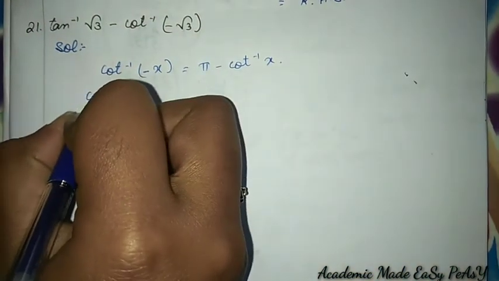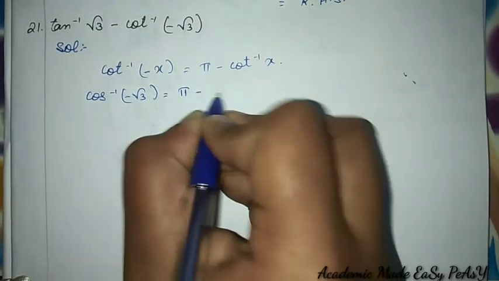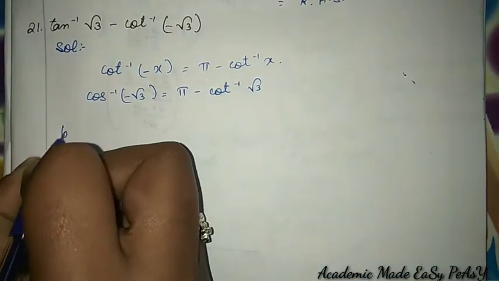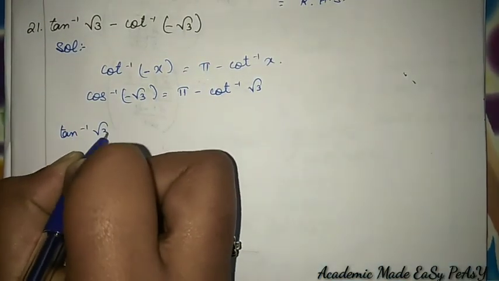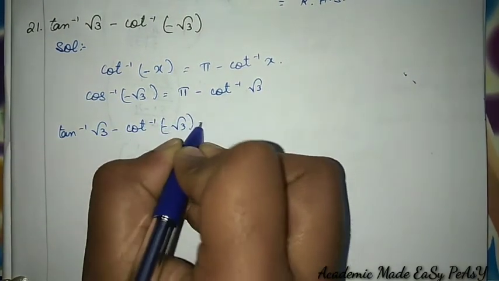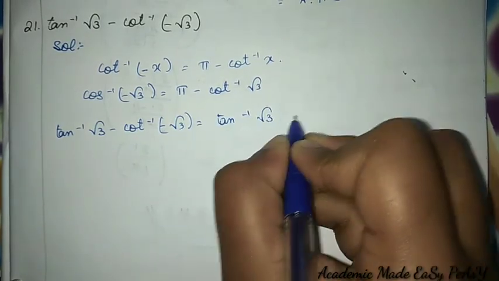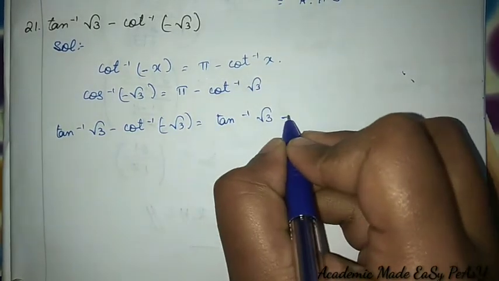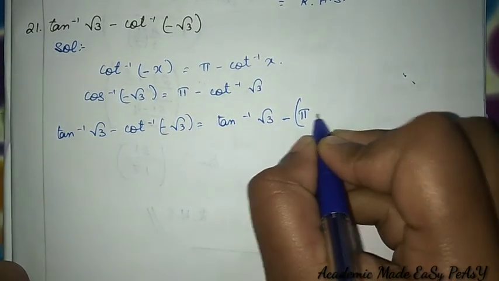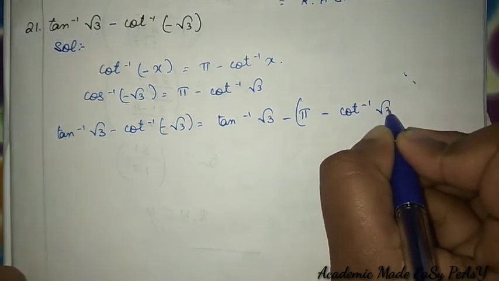Okay, so cot inverse minus root 3 is equal to pi minus cot inverse root 3. So we will substitute now: tan inverse root 3 minus cot inverse minus root 3 is equal to tan inverse root 3 minus (pi minus cot inverse root 3).